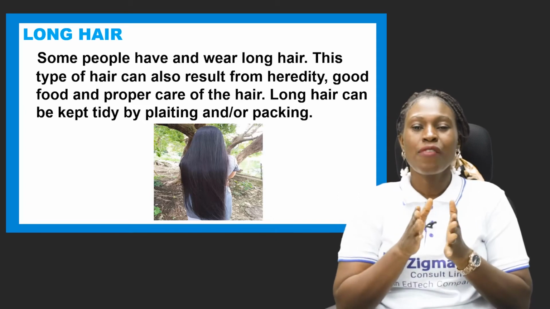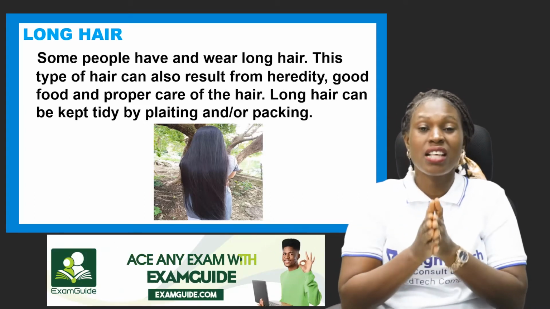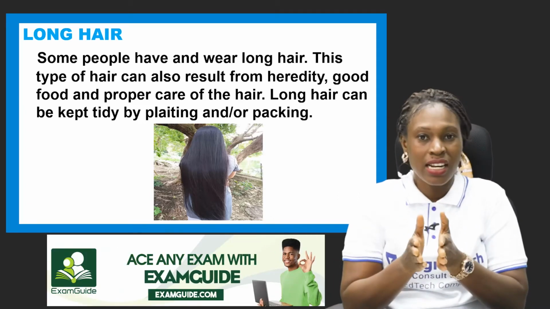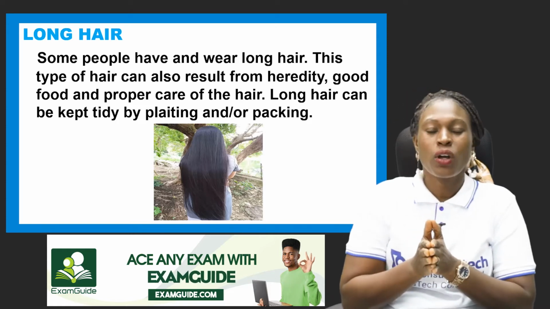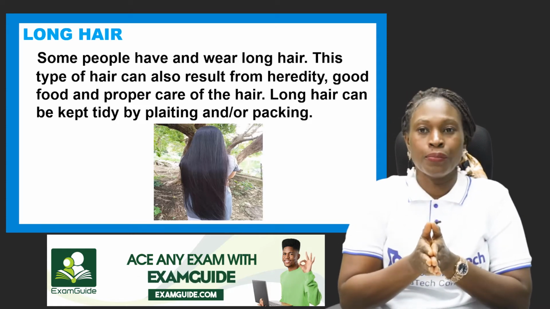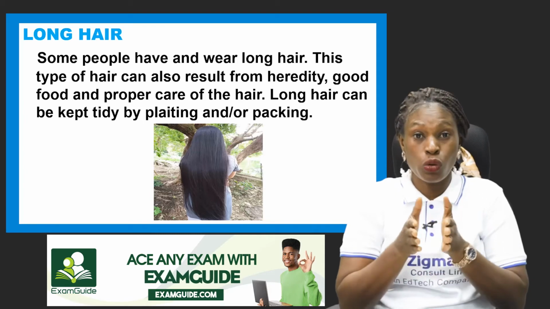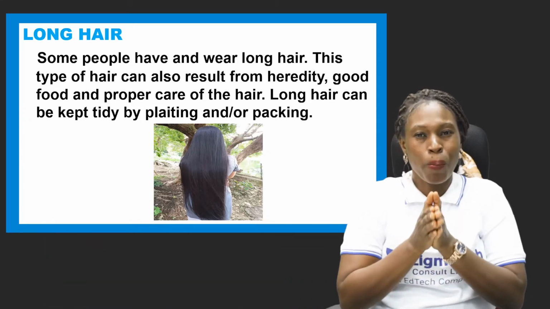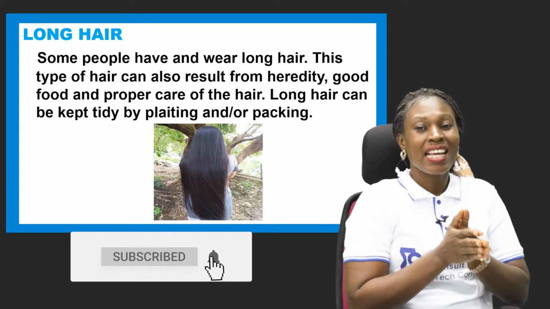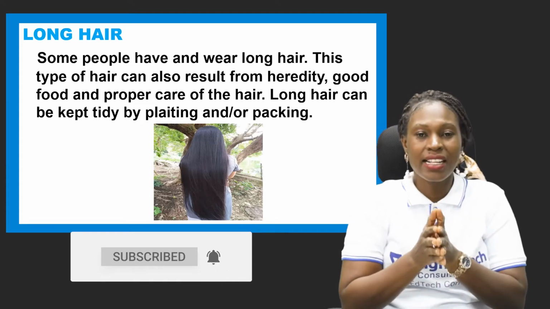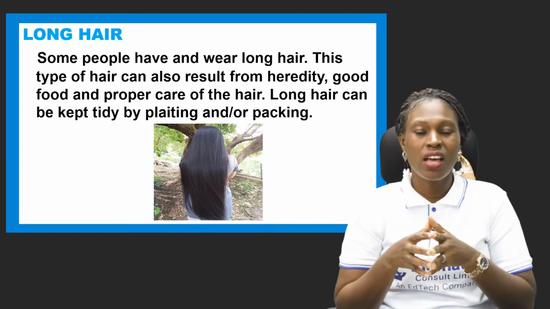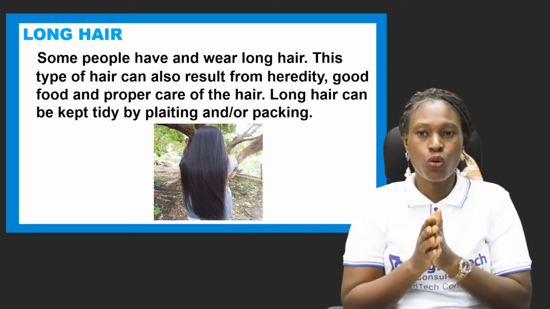So you have to take good care of it. For most persons that have long hair, naturally it is what they have, but you can actually make your hair long by taking proper care of your hair, by feeding it with the right hair product and also eating good food.